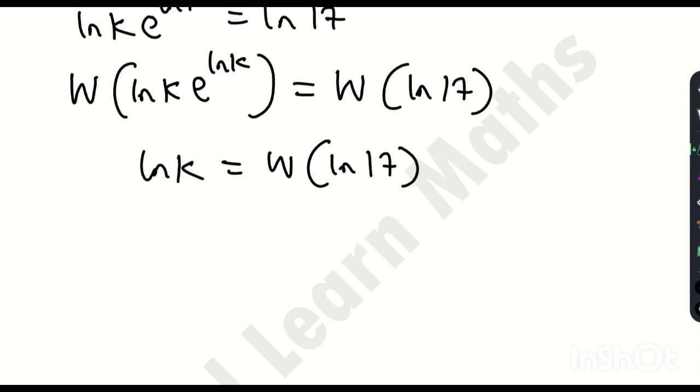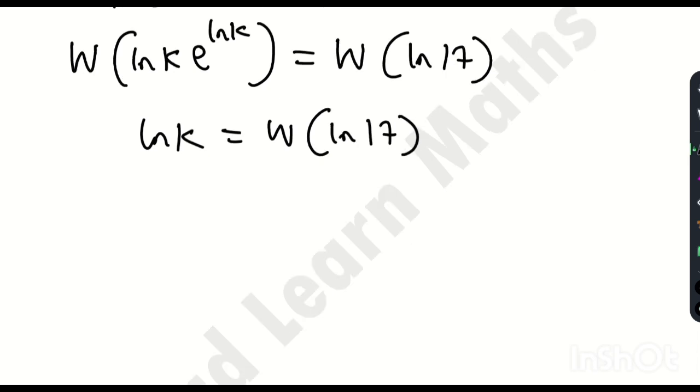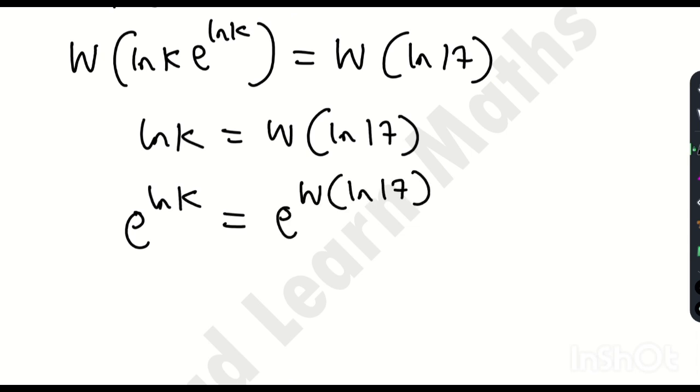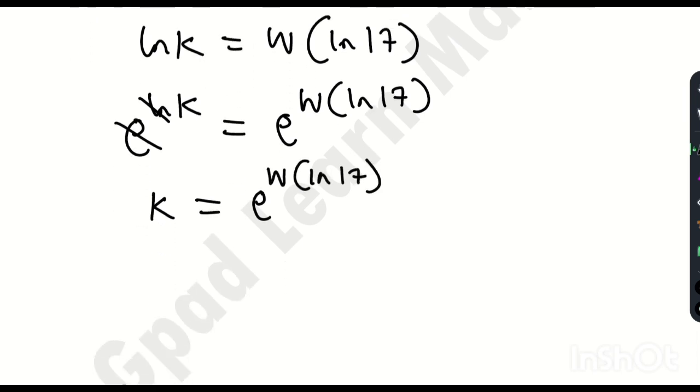Remember, e is an inverse function to ln. So I'm going to write it like this. e raised to ln k is equal to e raised to the W of ln 17. I just applied e to both sides. So notice something. e will get rid of ln, and then I just have k, which is equal to e raised to the Lambert W function of ln 17. Good. So this is the value of k.